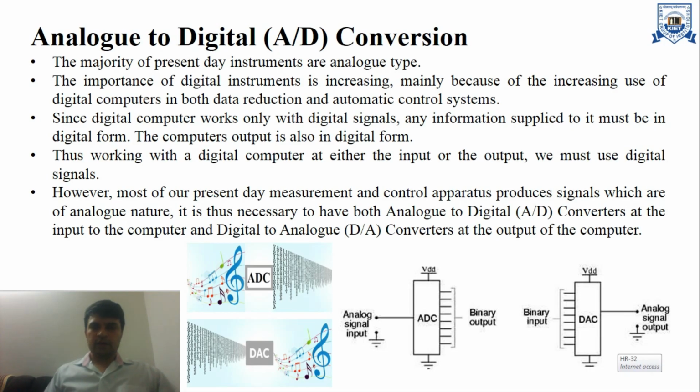It is thus necessary to have analog to digital converters at the input level to the computer, and D to A converters, digital to analog converters, at the output of the computer. Here are some examples or some diagrams for analog to digital converter and digital to analog converter.